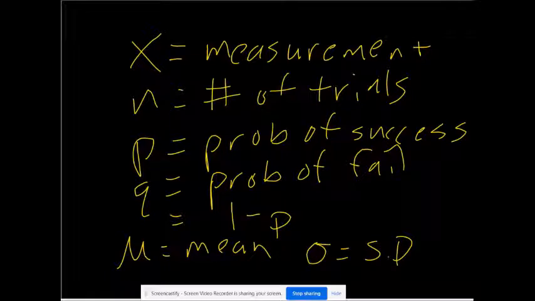So the example I came up with, because we're at home, we've been playing some War. If you've never played War, you can look up the rules. But basically, you split the cards evenly, so each person has 26 cards.